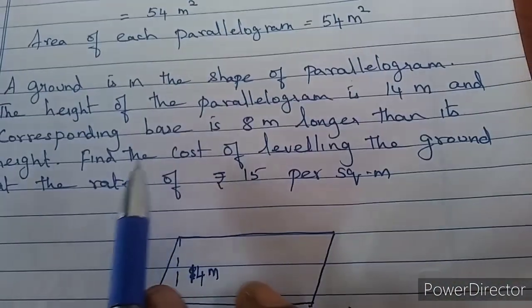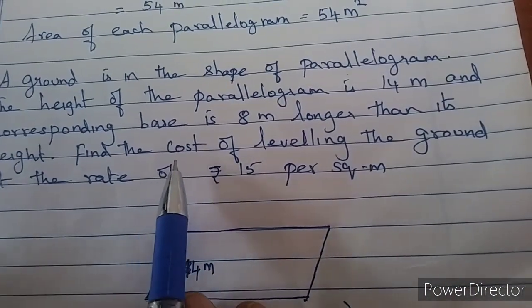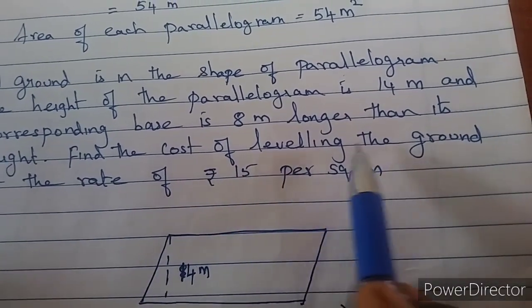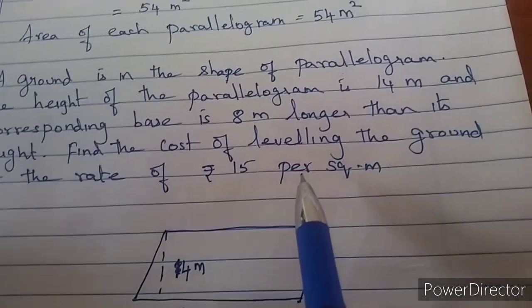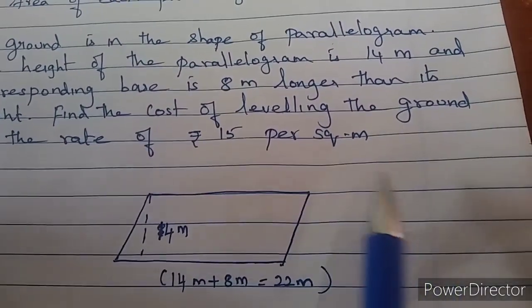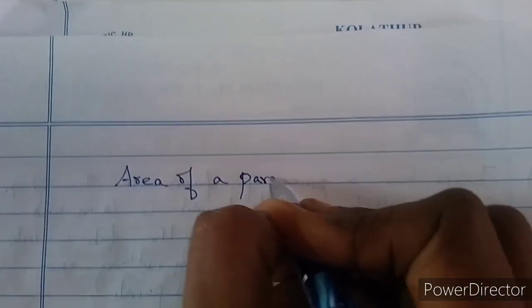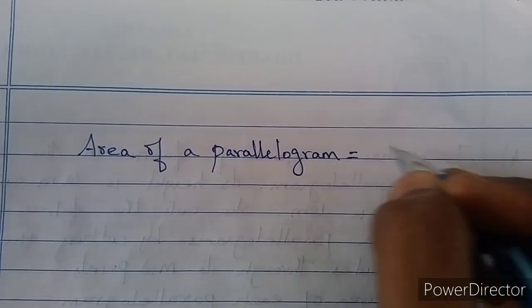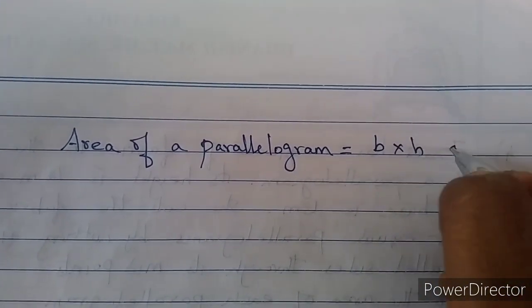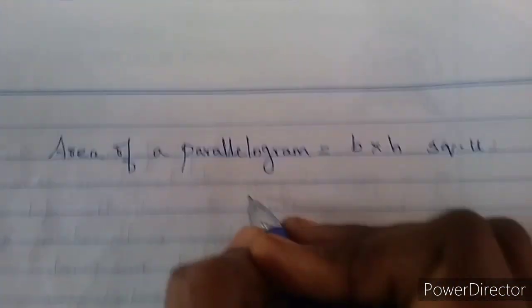Here in this sum, we are going to find the total cost for leveling the ground. For that, we need the total area of the ground. So, first step, you should calculate the area of the parallelogram. What is the formula for that? Base into height square unit.